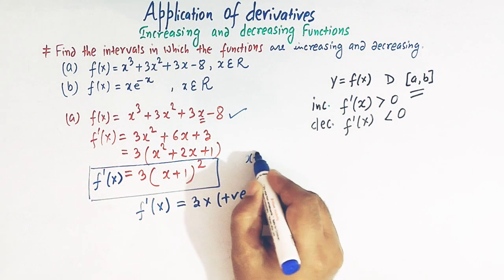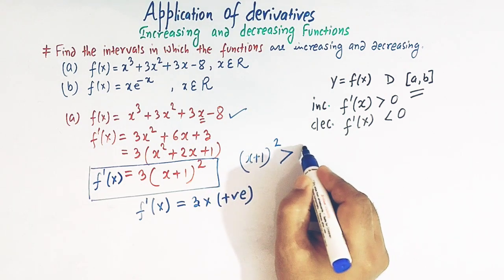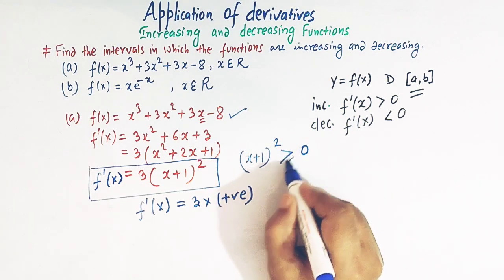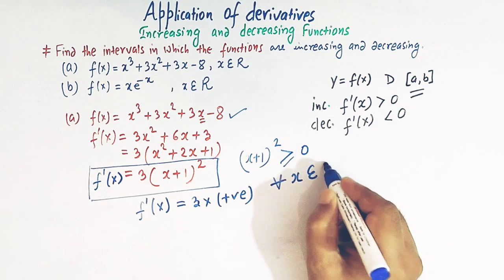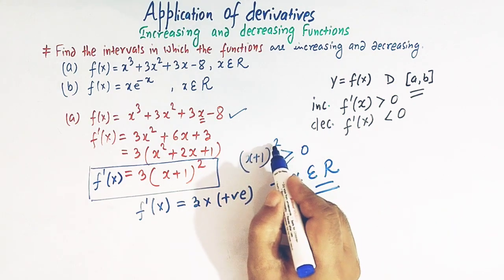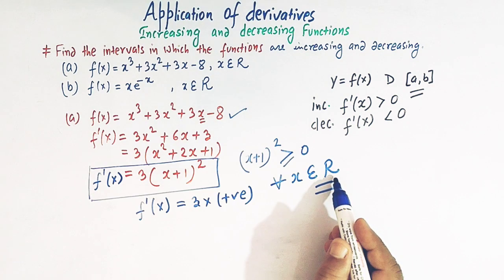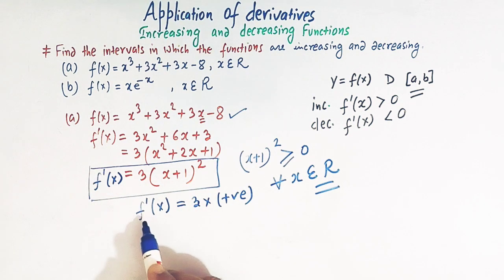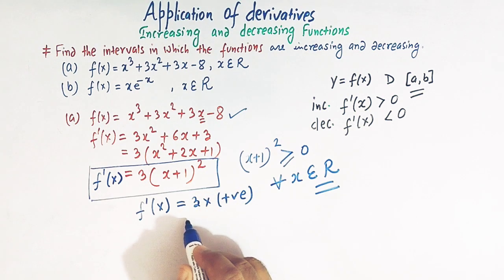Because x plus 1 whole square is always greater than or equal to 0 for all x belonging to the set of real numbers. Being a square quantity, this quantity is always positive or equal to 0 for all x belonging to R. So the derivative f prime of x is equal to 3 times some positive quantity.